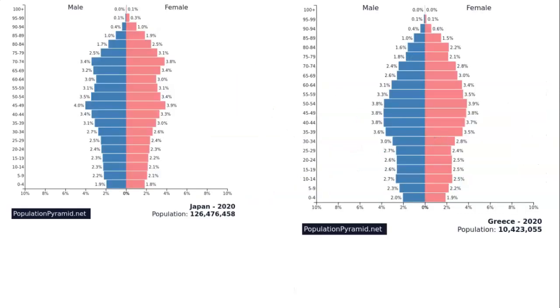And these types of pyramids look inverted, right? Where the bottom of the pyramid is becoming narrower and narrower.